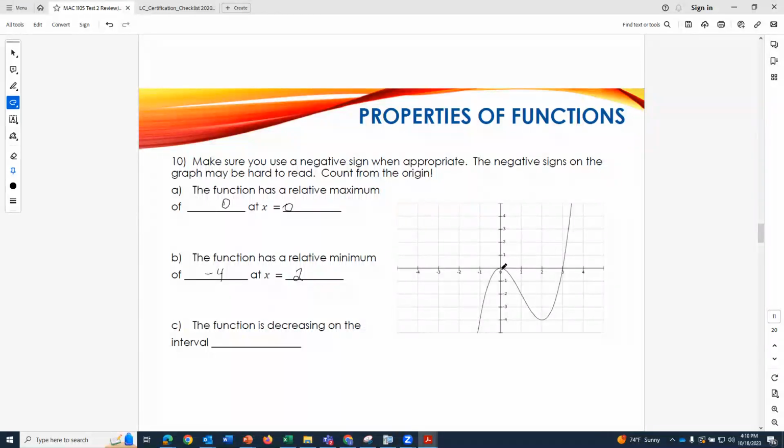This one is decreasing since it's going from 0 to the negative side. The function is decreasing from 0 to 2.